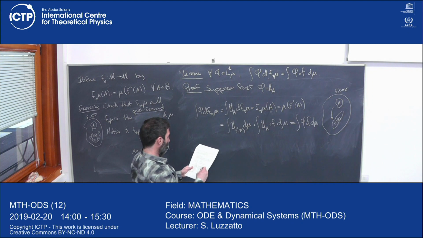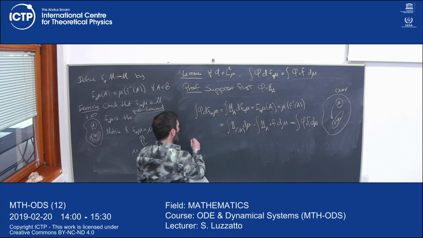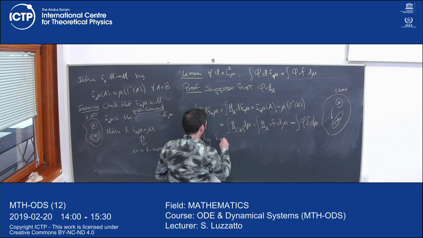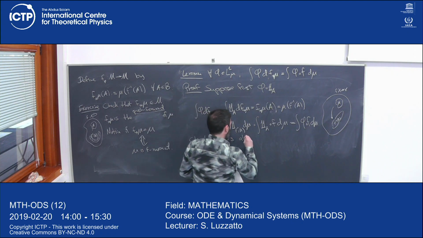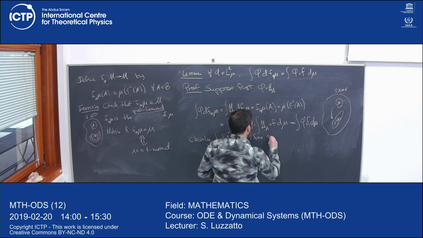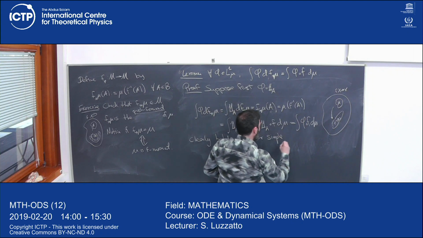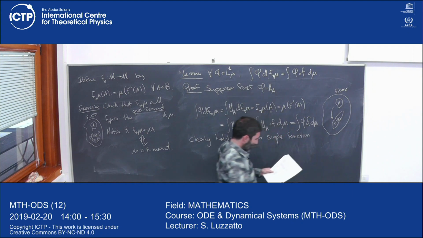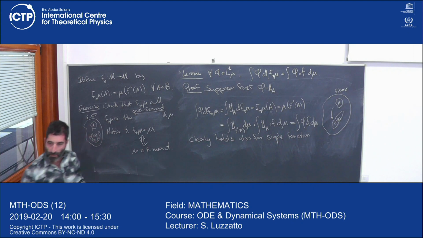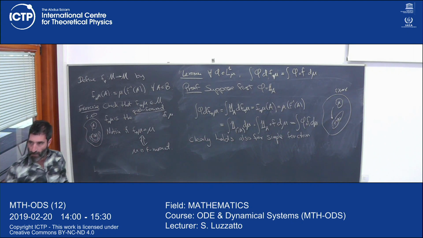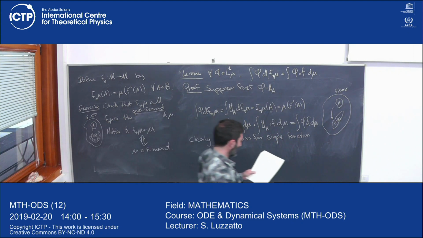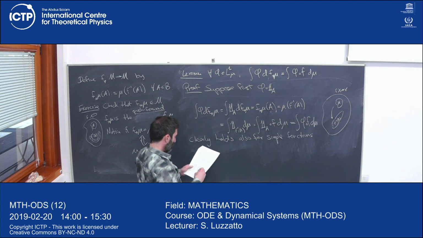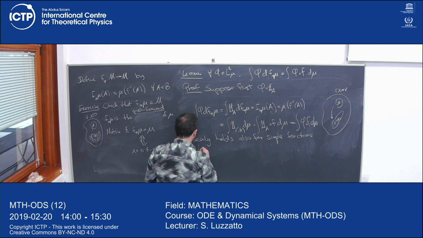So clearly this holds also for simple functions. You know what simple functions are? Simple functions are just finite sums of characteristic functions, which is a linear combination.